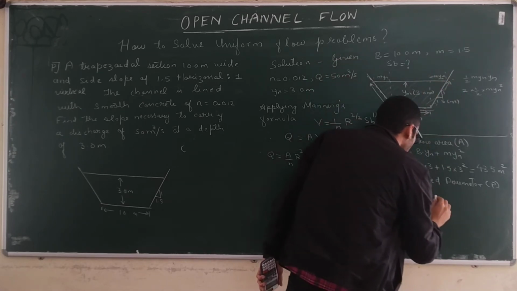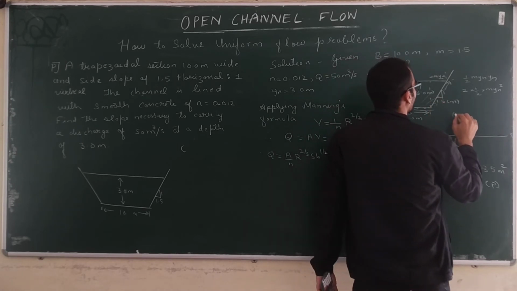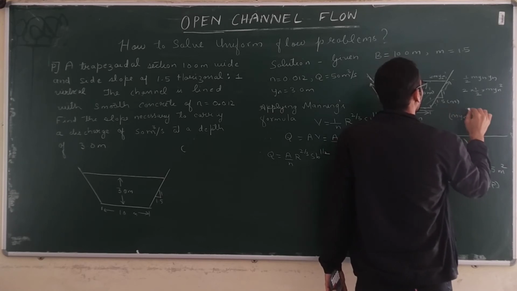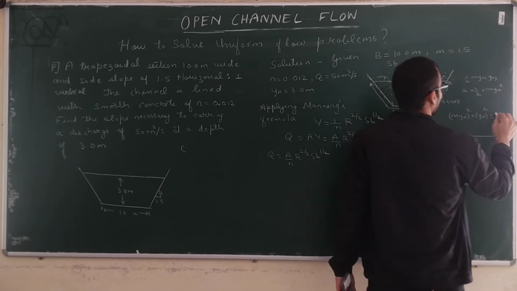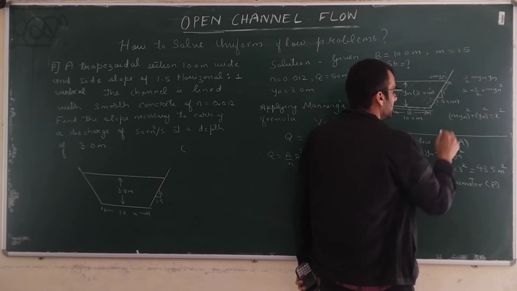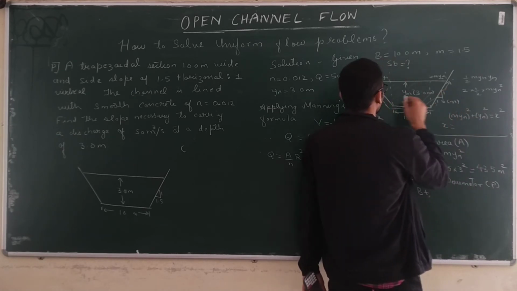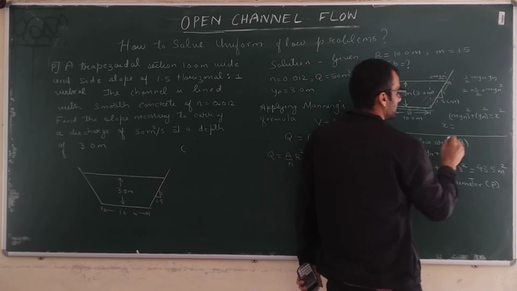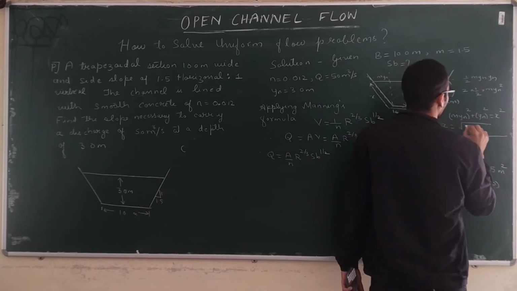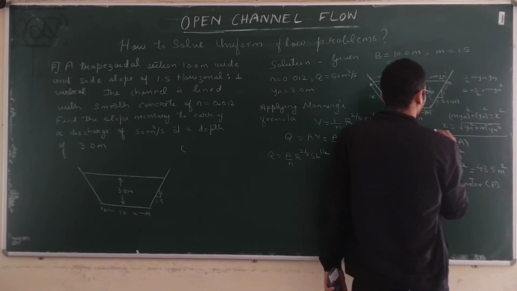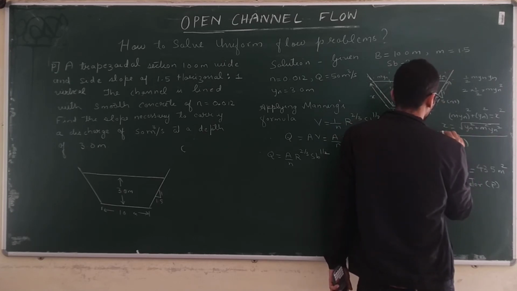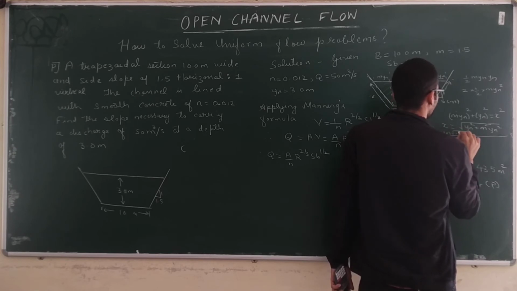So m y_n square plus y_n square equal to this sloping length, suppose I call it x, so x square. So x will be equal to the square root of y_n square plus m square y_n square, and you can take y_n outside, so we will have y_n times the square root of 1 plus m square.